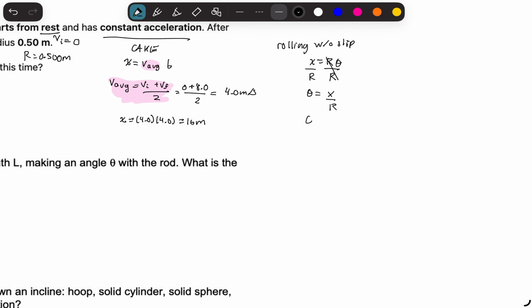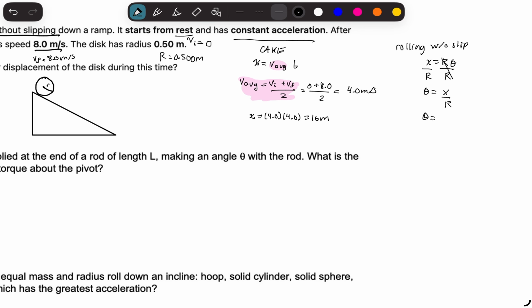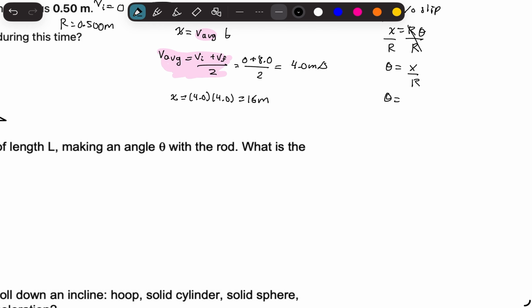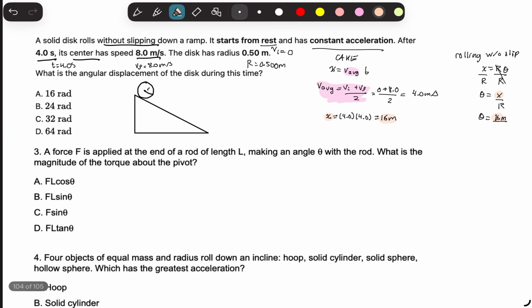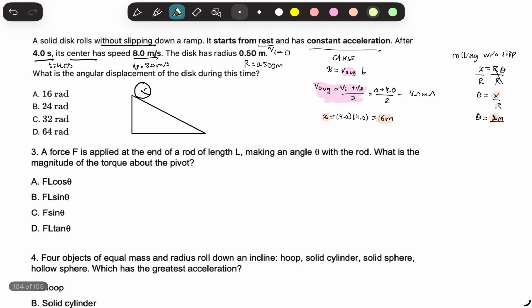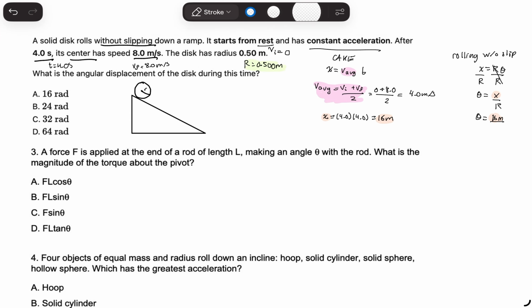So now theta is equal to, what is our x here? We just found our x over here from this problem. We have x is equal to 16 m, so we're going to sub in 16 m here. And our r, which was given in the problem, is equal to 0.5 meters.